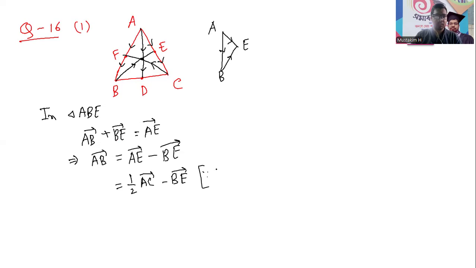Keep the side note, AE vector equal to half AC vector. And then now we can write AC vector equal to AF vector minus CF vector.